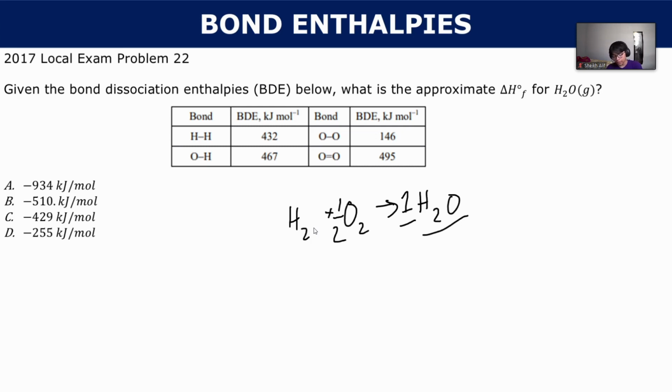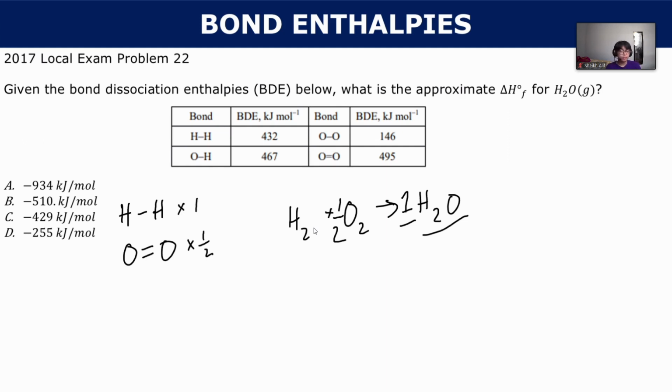So if we look at the bonds that are broken, it's going to be one HH bond. The O2 bond is actually a double bonded O. So we're going to have 1/2 of that, and that's it.